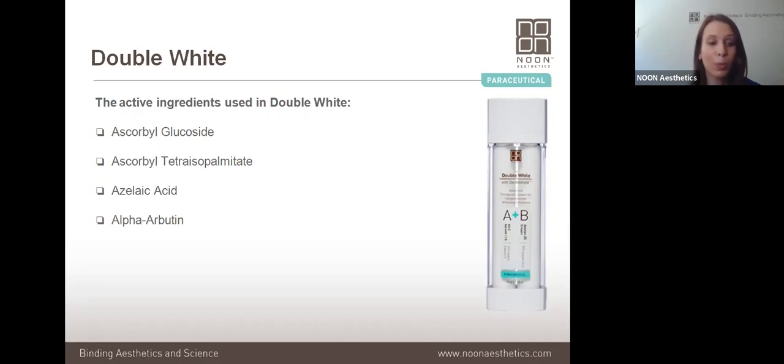And also more recent review claimed that 20% azelaic acid is being more potent than 4% hydroquinone without adverse event, without side effects. So it's also nice to know that this is a really effective melanin inhibitor.